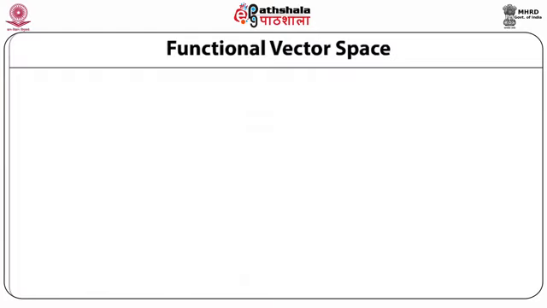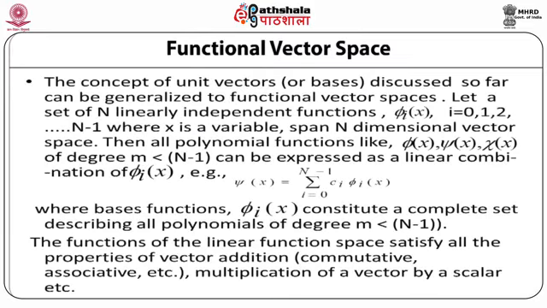Now we will discuss the concept of functional vector space and the various terms associated with it. First of all, let us come to the concept of unit vectors or bases that is discussed so far, and this can be generalized to functional vector spaces.